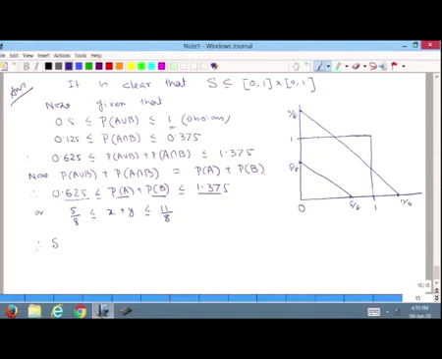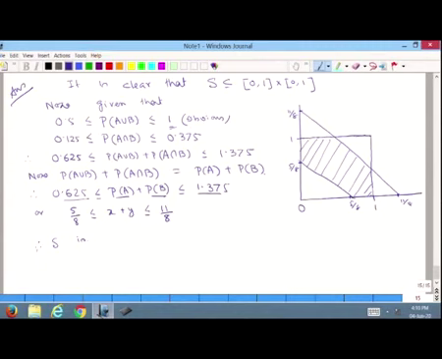Therefore, S is this region. So, let us give names to different points.